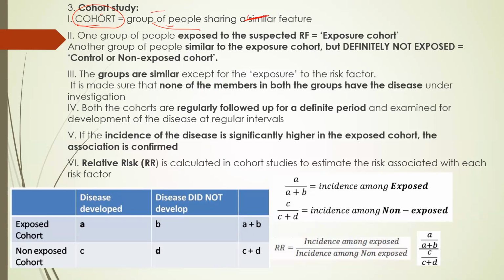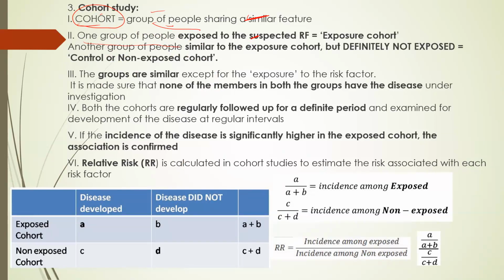So after determining the cohort, one group of people is exposed to the risk factor, and the other group of people, similar to the exposure cohort, is not exposed to the risk factor.